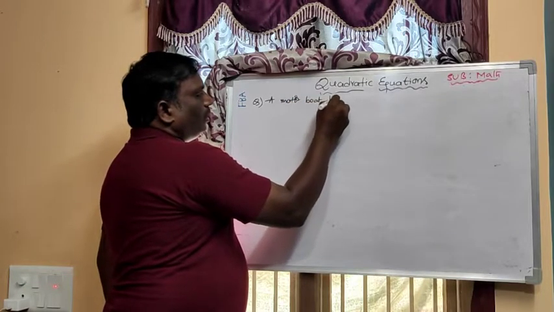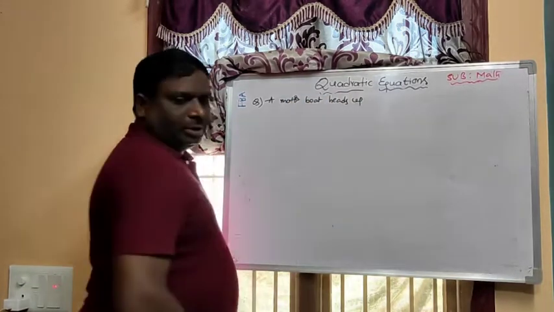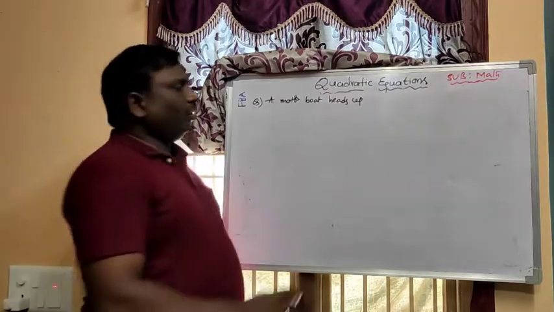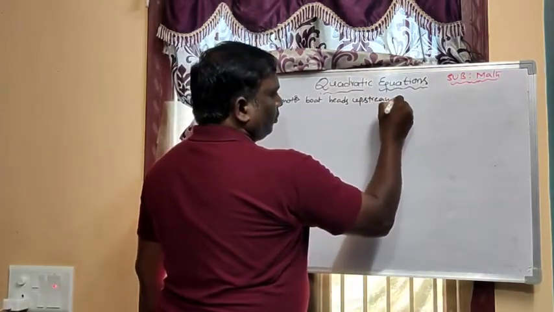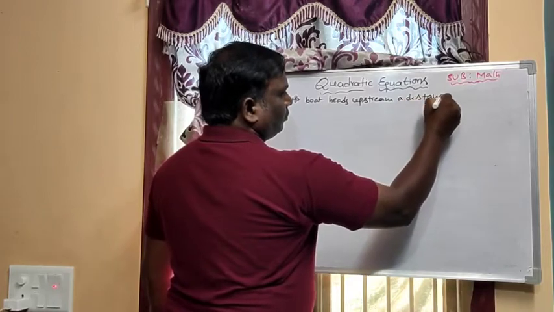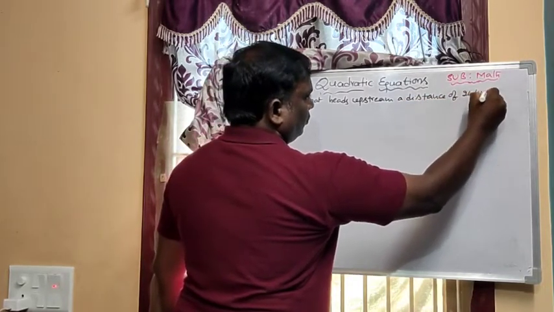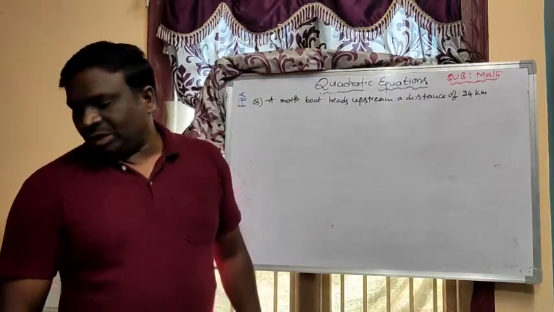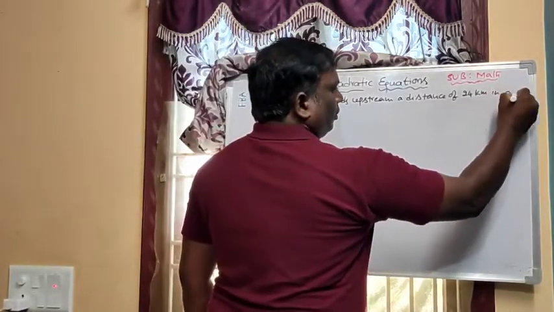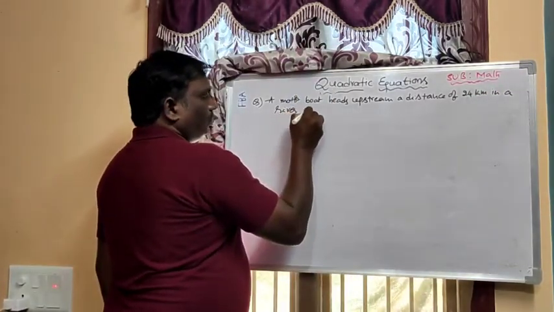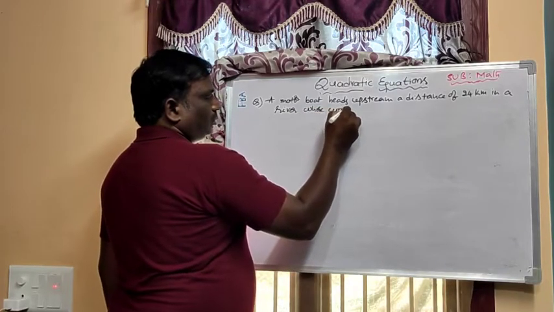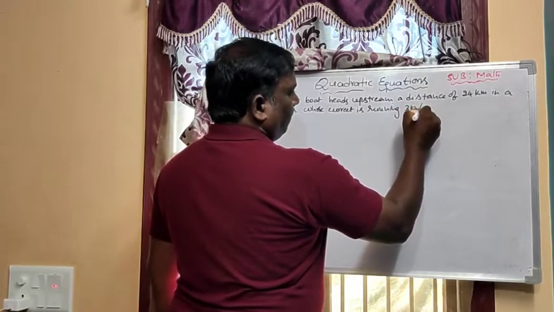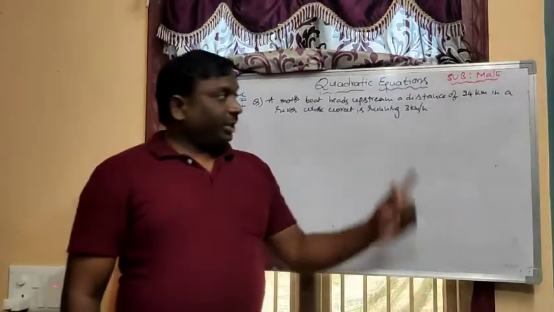A motorboat heads upstream a distance of 24 kilometers in a river whose current is running 3 kilometer per hour. So read the question carefully.